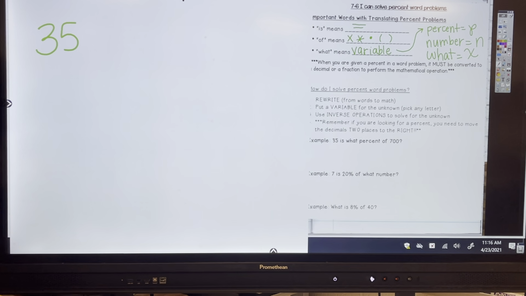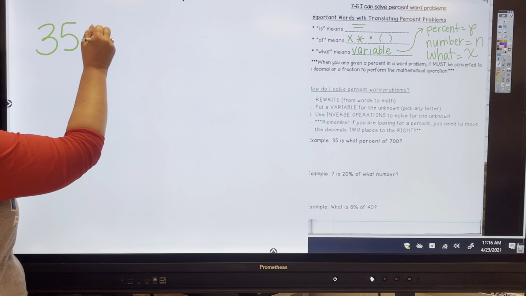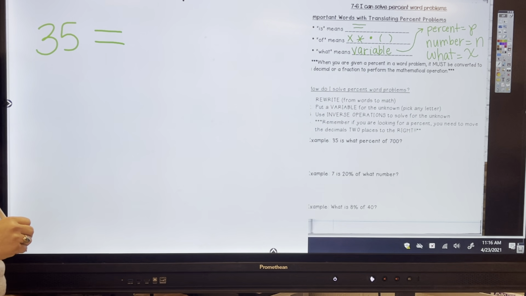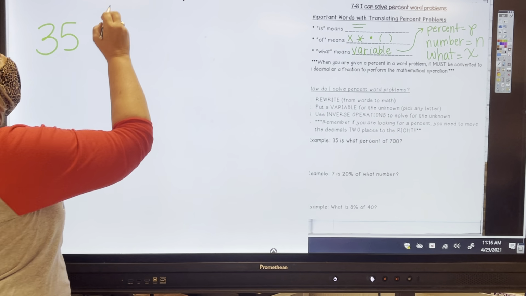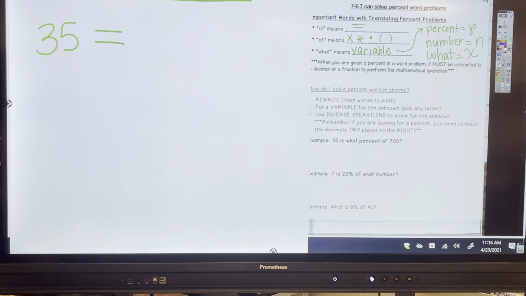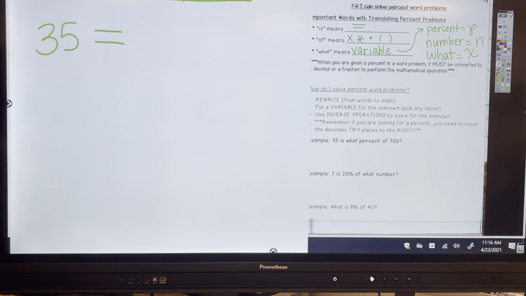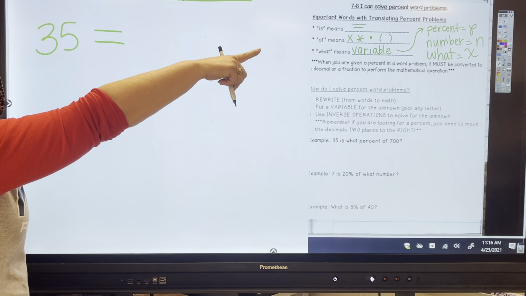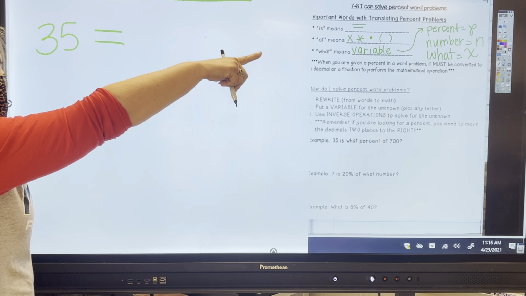Is that math or words? Words. So what does is mean in math? Equals. So if I'm to do math, I put equals. What percent? If we've got what, that means we don't know what it is. We need to put a variable. If we're looking for a percent, what variable do I need to put?